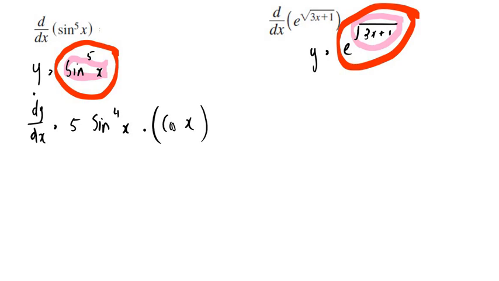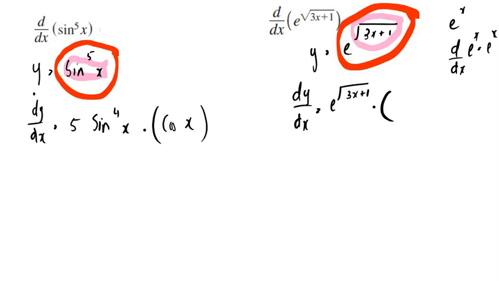So here, this is your baby function, and the mother function is the entire thing. Now we do know how to differentiate e to the power x, because d over dx of e to the power x is equal to e to the power x. So let's first differentiate the mother function.